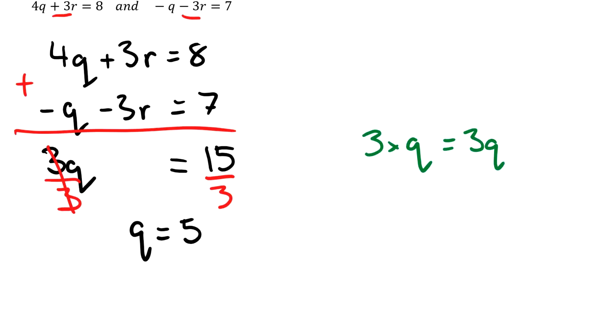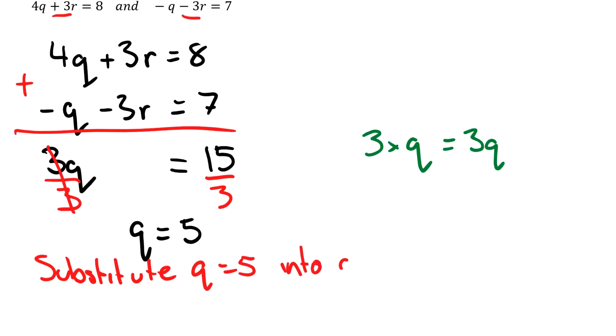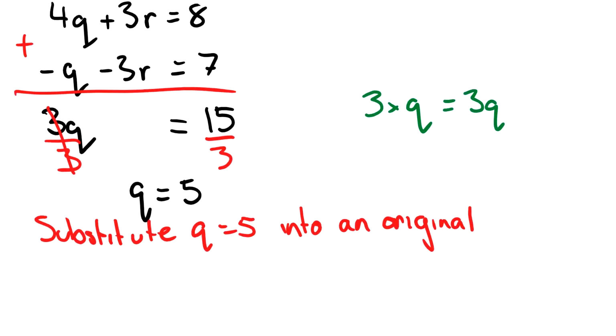At this point, we know q is 5. We still need to find what r is. So what we do here is we substitute q equals 5 into an original equation. We can pick any one there.